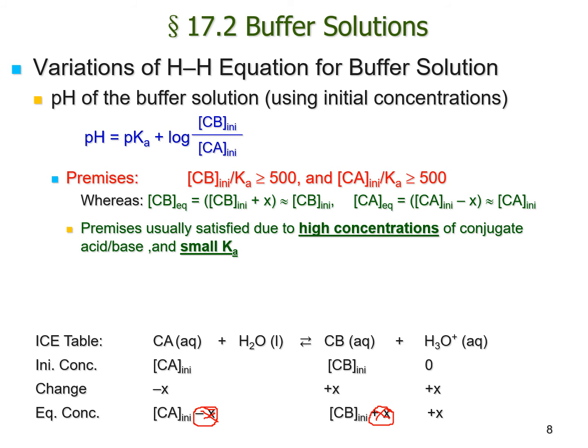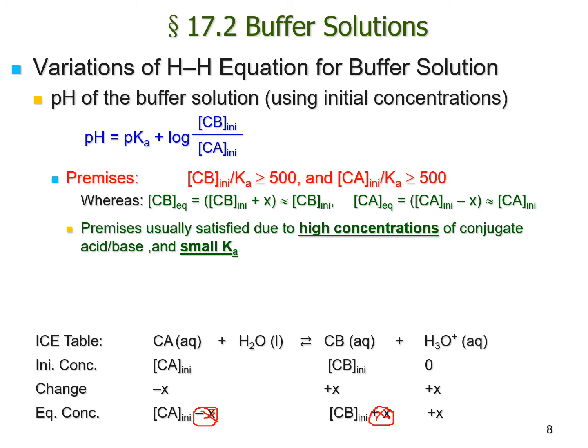One other thing I'd like to discuss here about the 500 rule. As we said before, the initial concentration of the pair of conjugates is very high. Remember, we talk about a weak acid and its weak base as conjugate. For a weak acid, Ka must be quite small. If Ka is small, a high concentration divided by the small value of Ka means the 500 rule is almost always applied for a buffer solution.